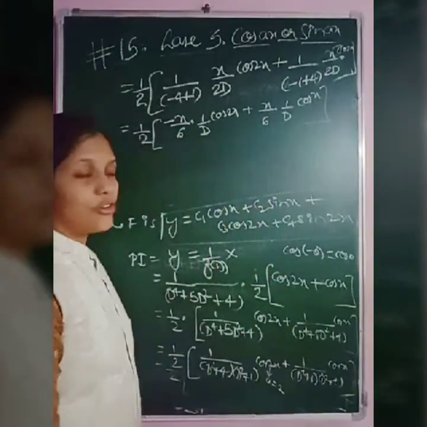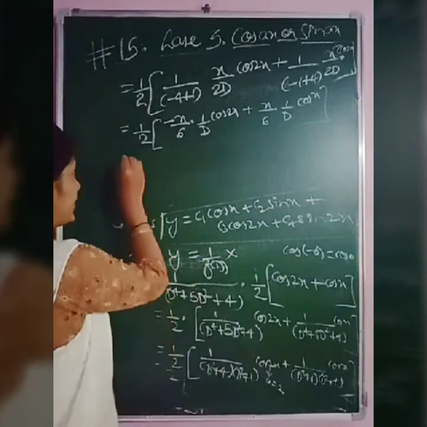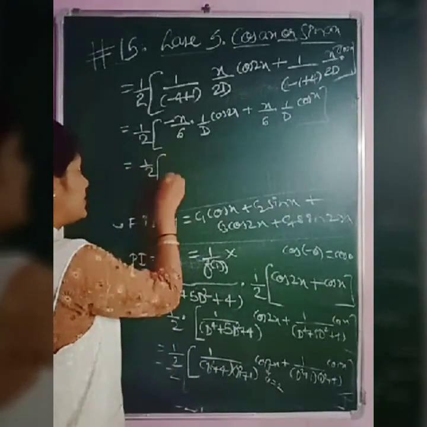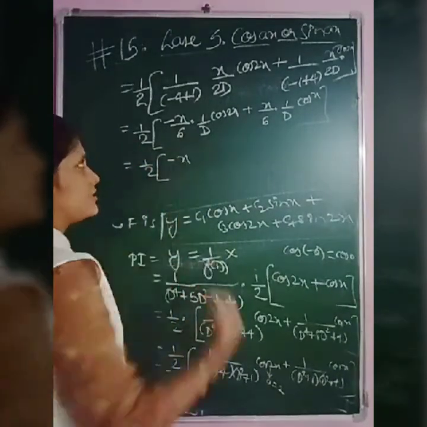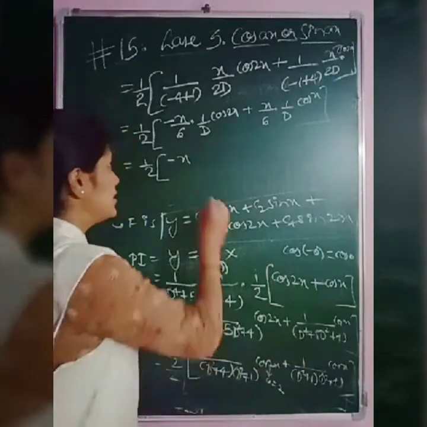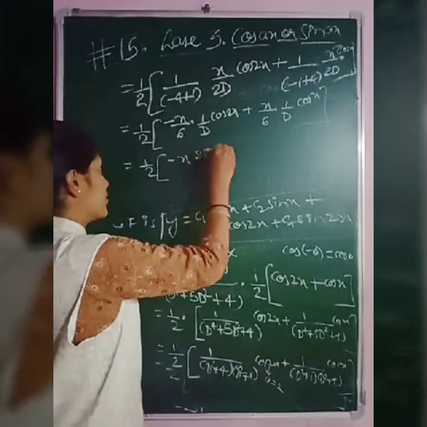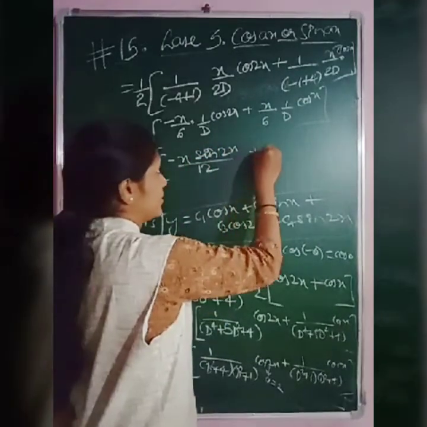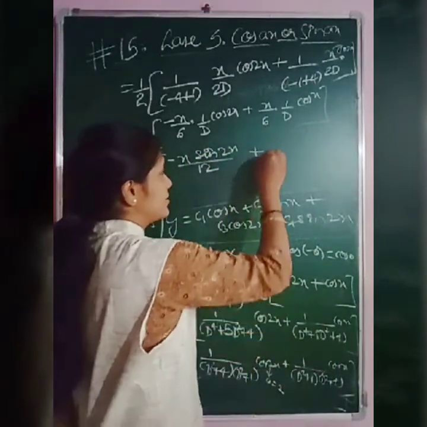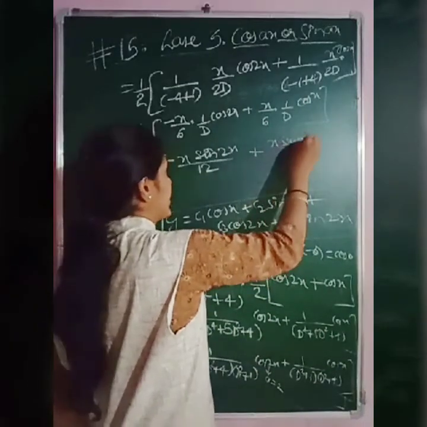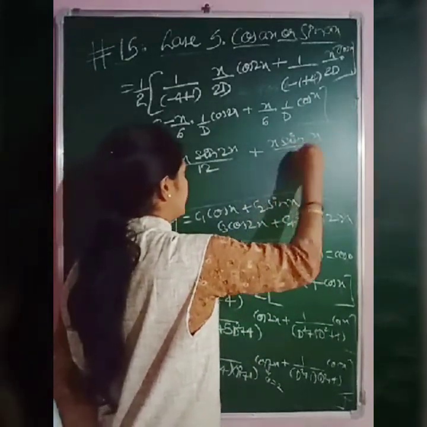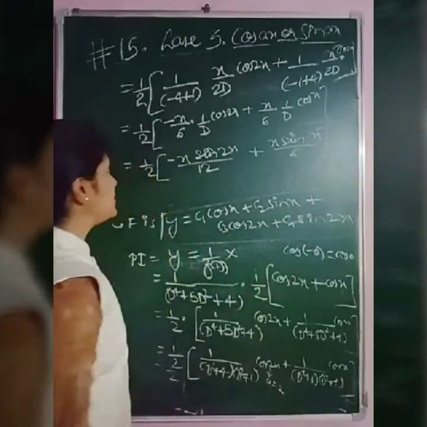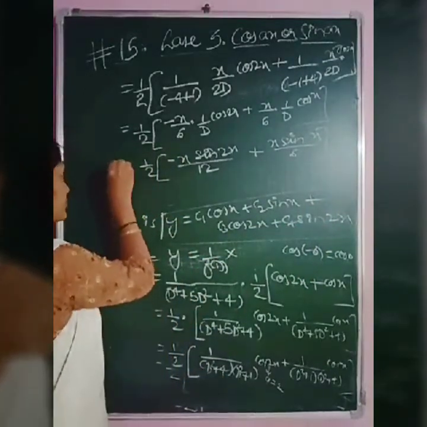So what is the meaning of this? 1 by d stands for integration. So 1 by 2 as it is, minus x by 6 times the integration of cos 2x, which is sin 2x by 2, so 6 2s are 12. Plus, what is integration of cos x? Sin x. So x sin x by 6. So this is our PI.